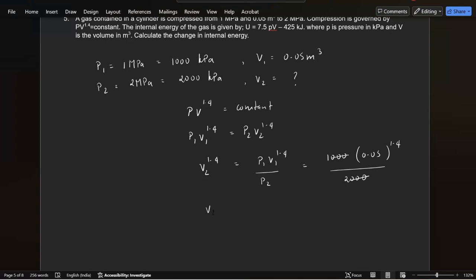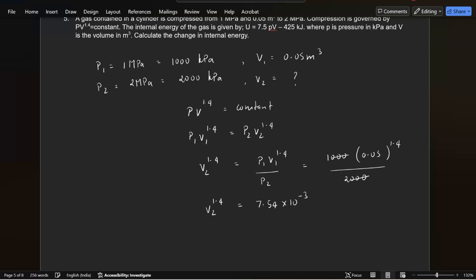So finally, you calculate and tell me how much this is? 7.54 into 10 to the power minus 3. Okay, 7.54 into 10 to the power minus 3.